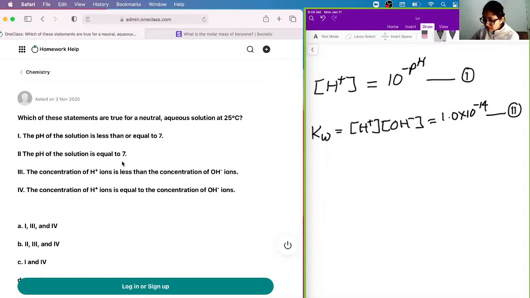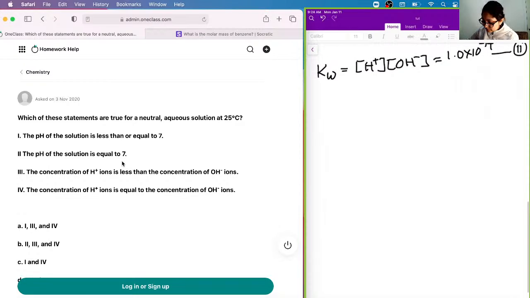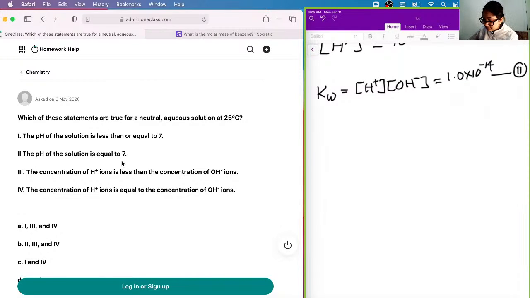Okay. And so if the pH of the solution is 7, let's say, which is neutral, then to find out the hydrogen concentration of a neutral solution, we could say that since our constant for water ion dissociation is 1.0 times 10 to the power negative 14, and if you want a neutral solution, we know that both the ion concentrations would be equal.